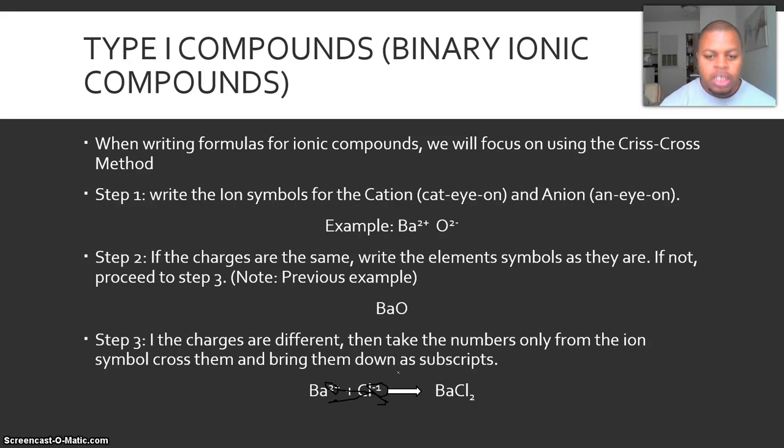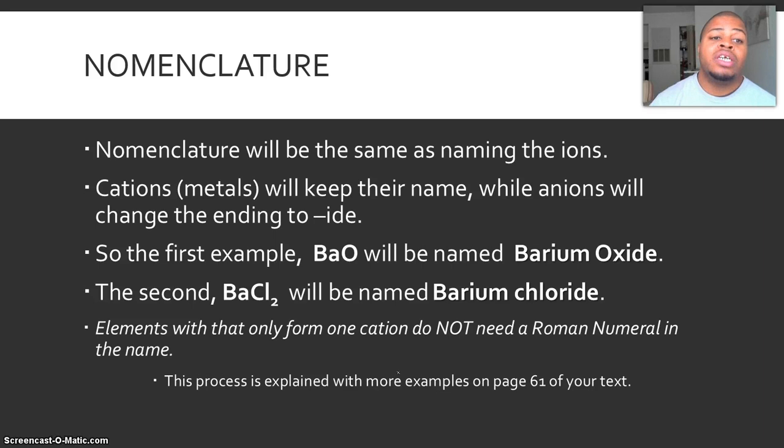Now, this is going to work very similar when we get into naming them. For the naming, we're going to keep the name of the cation first, which keeps its whole name, and the anion, the nonmetal, or the second element, is going to come next, but we're going to change the ending to IDE, just like we did on Friday.